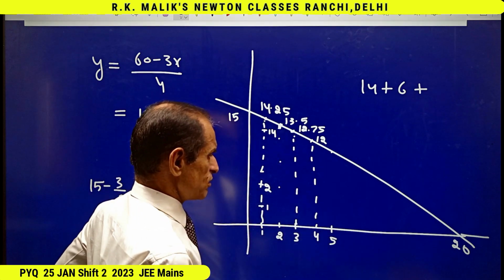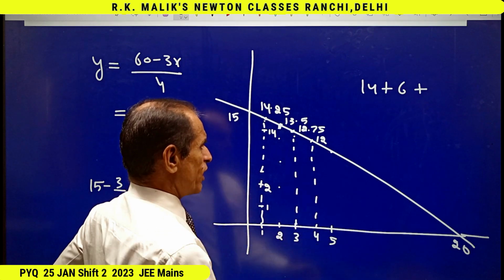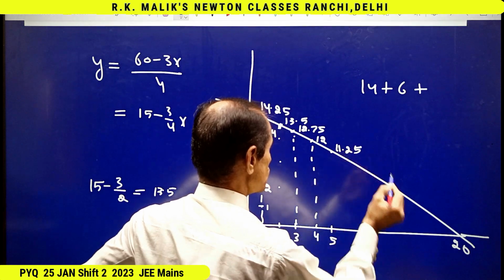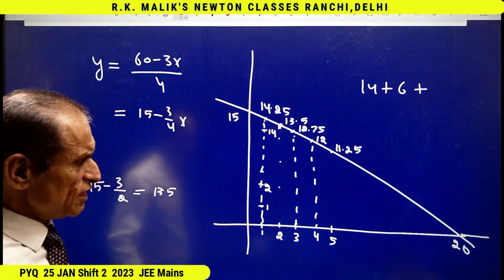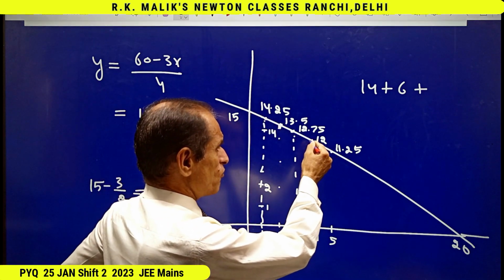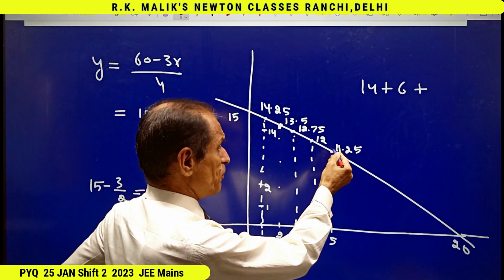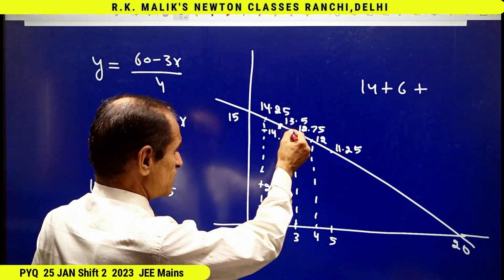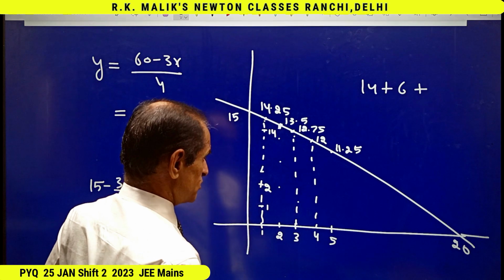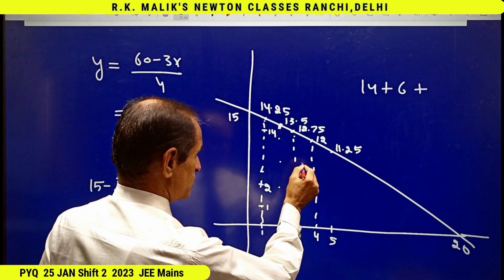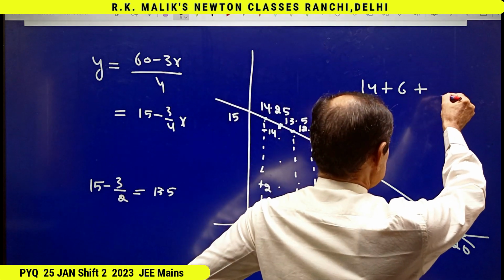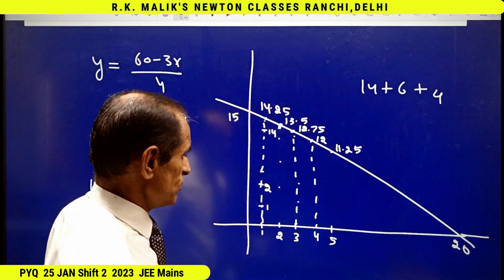For 5, y coordinate will be 11.25. It is not difficult to see, because every time y coordinate is decreasing by 0.75. And the points on this line will have y coordinate 3, 6, 9 and 12. That is, 4 points will be there.